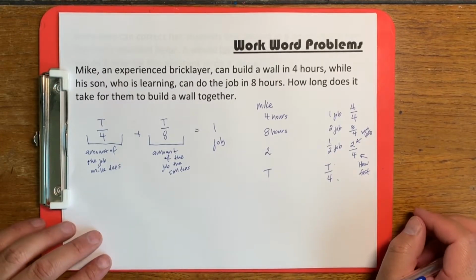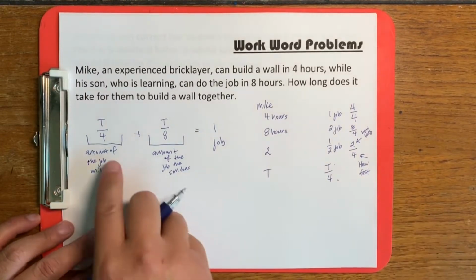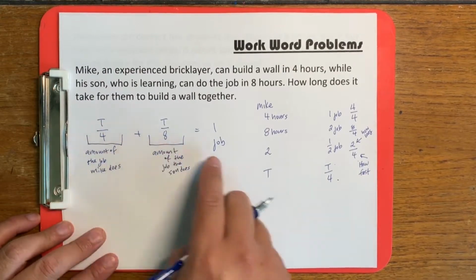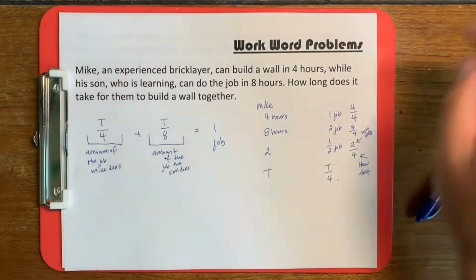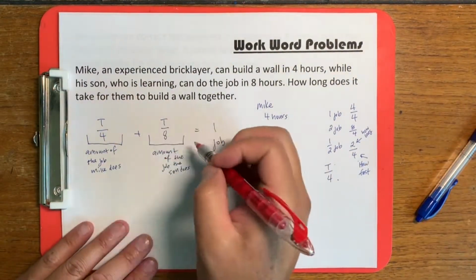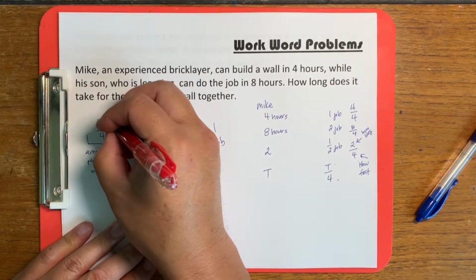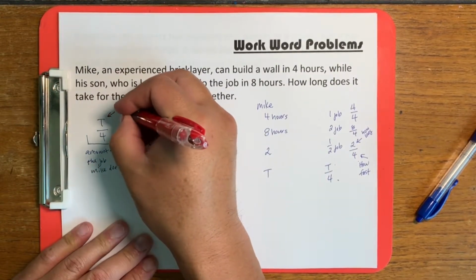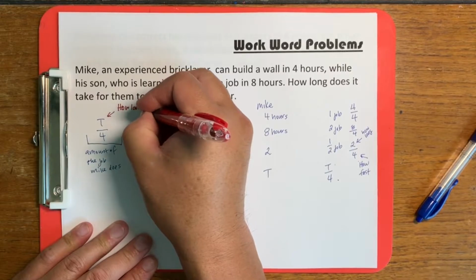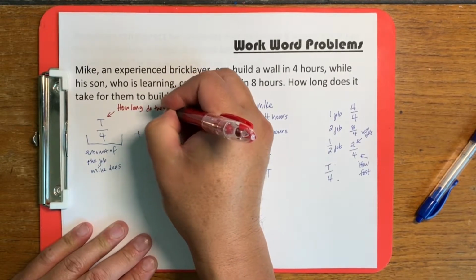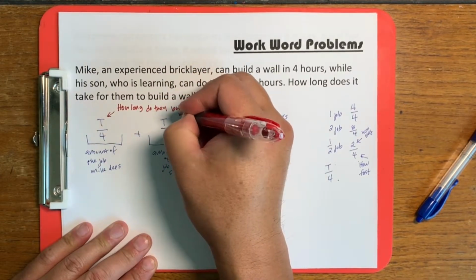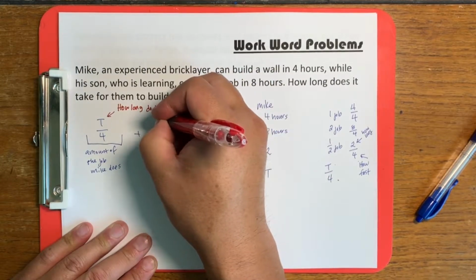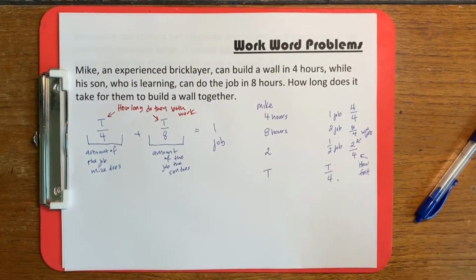So let's solve it. Both of them are working the same amount of time. So let's make sure we understand what all these variables mean. This right here is how long do they work? Okay, so they both work T hours.